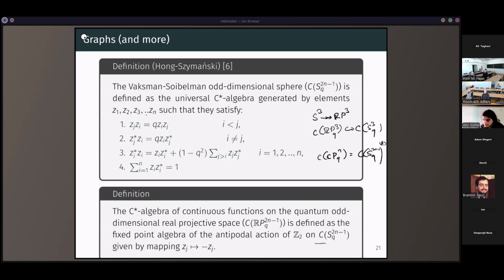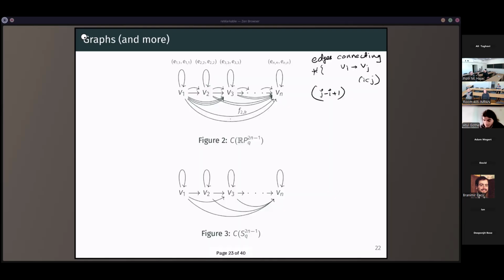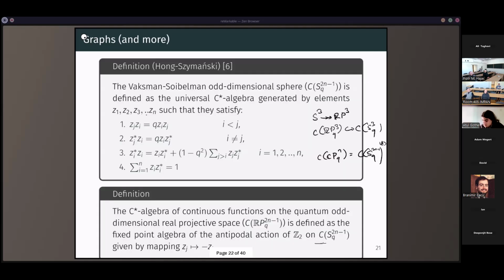So let me rephrase my question. Take the graph sister algebra of figure 2. It surely has a gauge action. What does this gauge action become in terms of Waxman-Soibelman generators? That gauge action, the U1 gauge action on the graph algebra? You have a graph sister algebra. It has a canonically given gauge action.